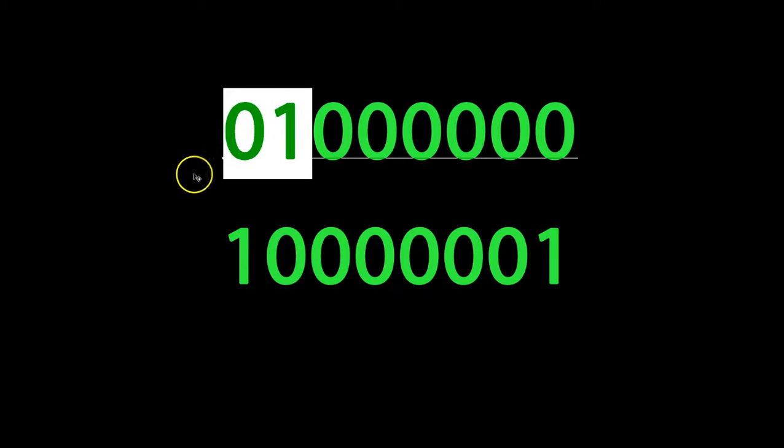You following this? Here we go. So then this one becomes a 0. And this one becomes a 1. Okay. This one becomes a 0. And this one becomes a 1. Okay. And then this one becomes a 0.